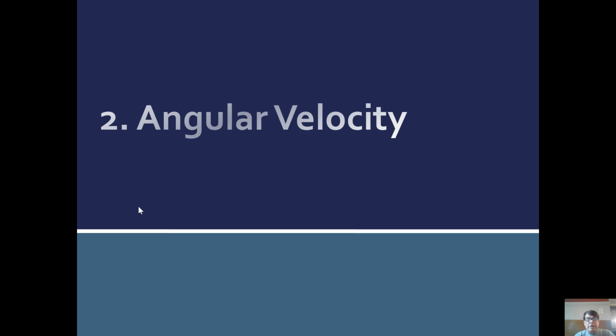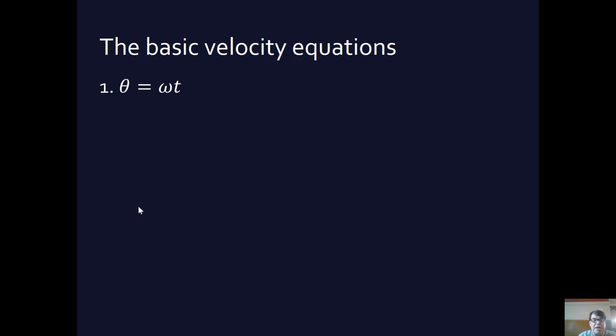Okay, so we're on to the next topic already, angular velocity. So you remember the big five, the velocity equations for linear motion. You can basically substitute in theta for distance and omega for velocity and keep t for time. And instead of a for acceleration, we use a funky a called an alpha, it's Greek.